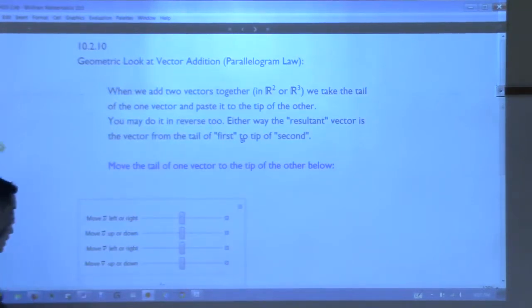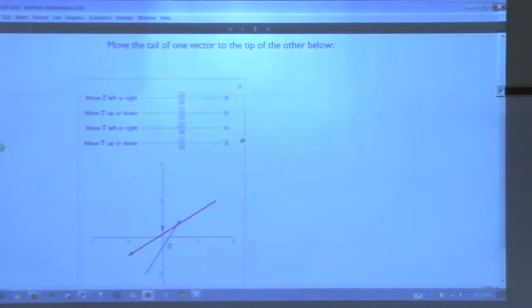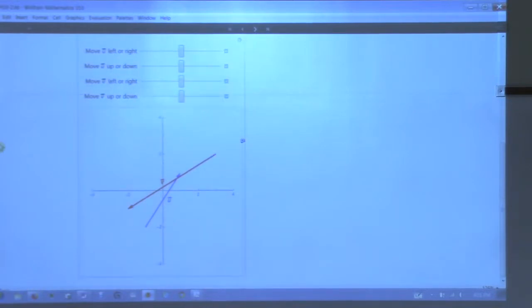We have with vectors something called the Parallelogram Law. It's a very nice law. This has to do with how we add and subtract vectors. So if you have 2 vectors, as you can see here, one of them is called u, the other one's called v.